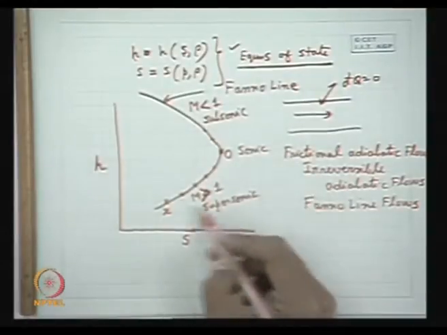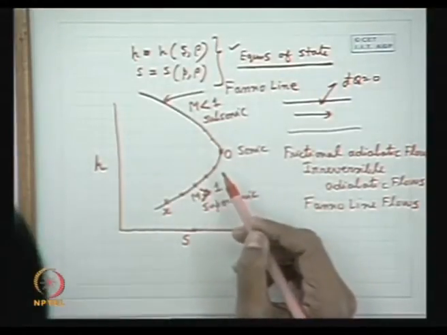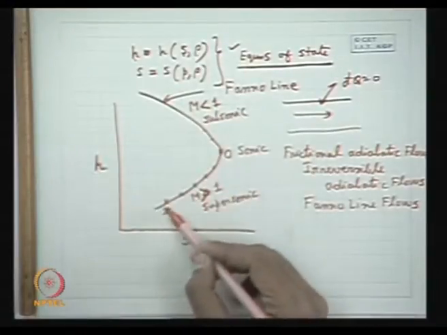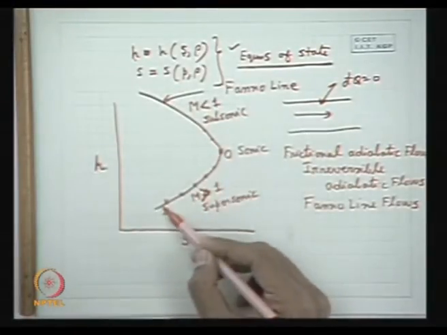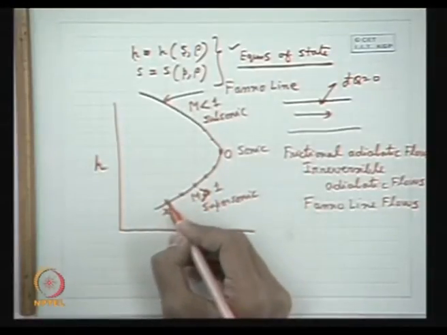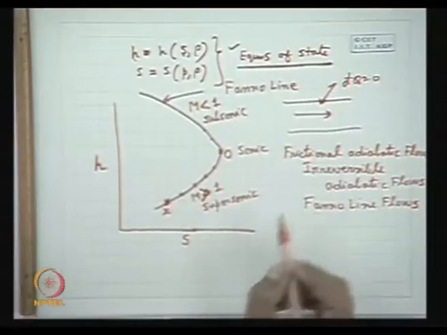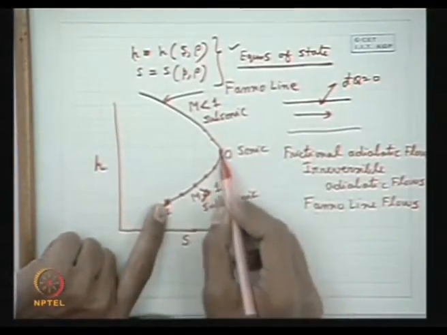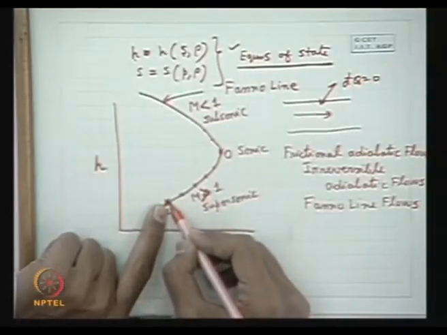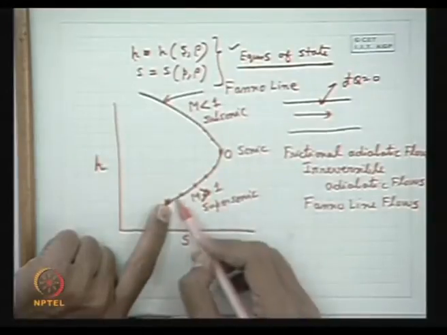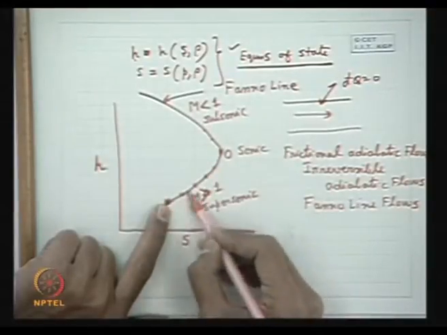Before showing that, let us see again that we can have an idea that in a supersonic flow, the effect of friction is to reduce. If I have a point at any point here in the supersonic region, along this line we have to move in this direction.